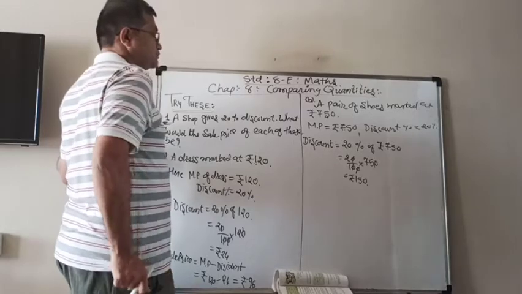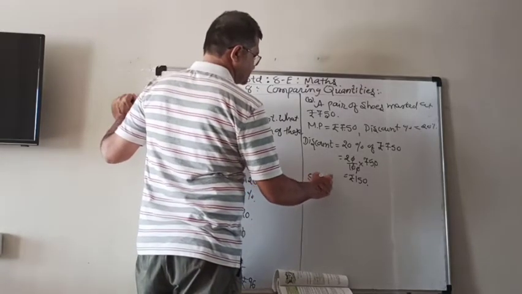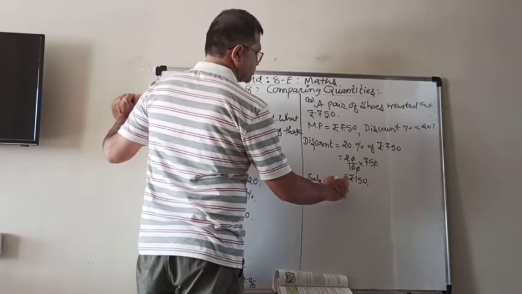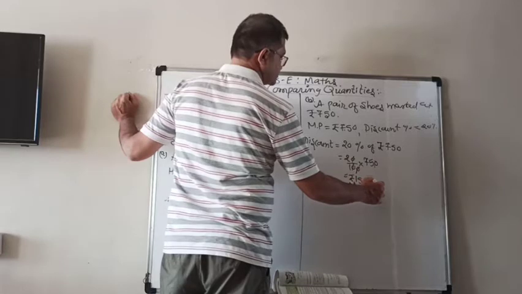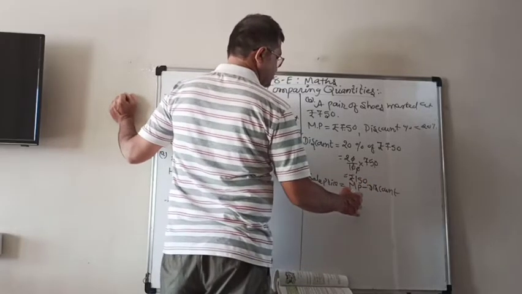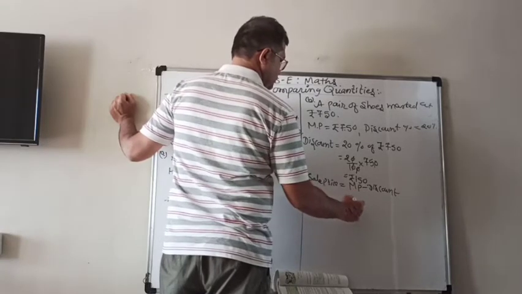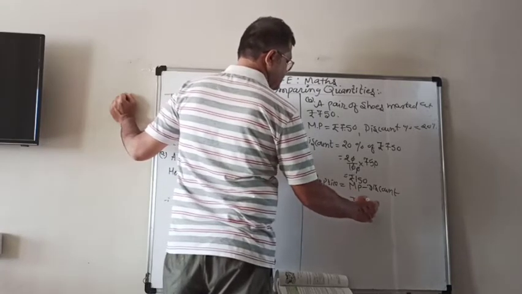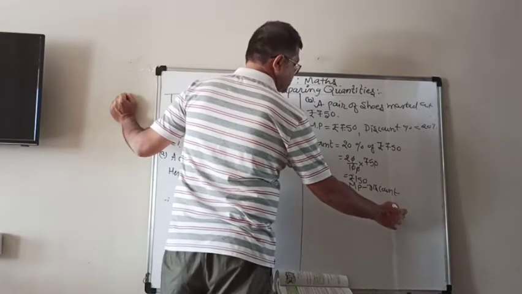And now the selling price. So sale price is equal to MP minus discount. What is our MP? 750. So rupees 750 minus rupees 150, which is the discount.